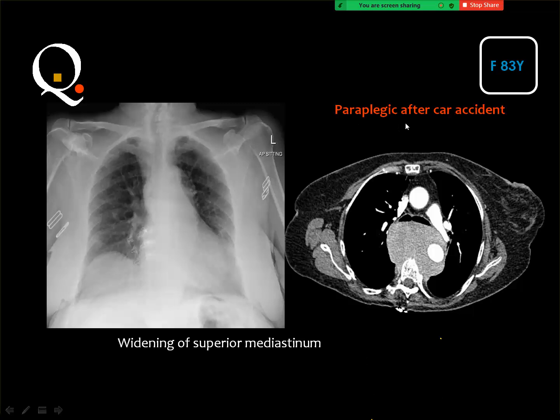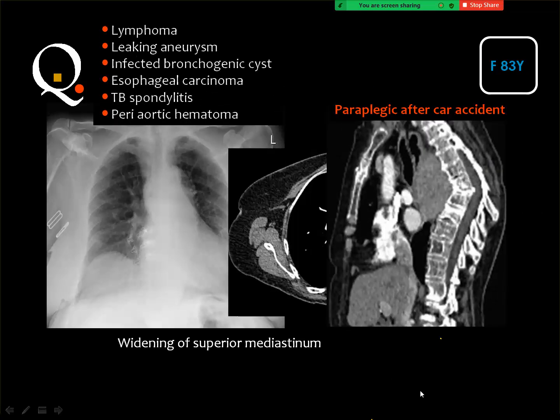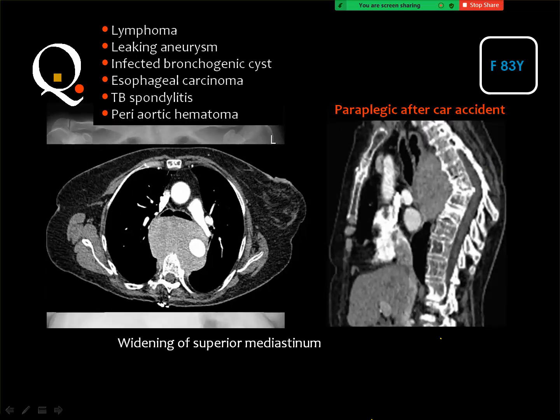This is very important. If the aorta is ruptured, I think that the patient will die at the scene of the accident. But you see, this is the CT scan, and these are the possibilities: lymphoma, leaking aneurysm, infected bronchogenic cyst, esophageal cancer, TB spondylitis, peri-aortic hematoma.